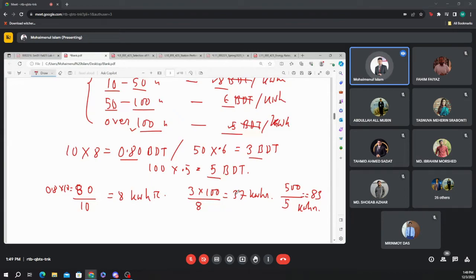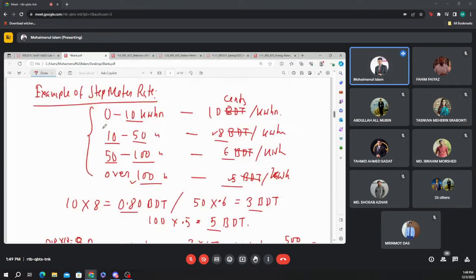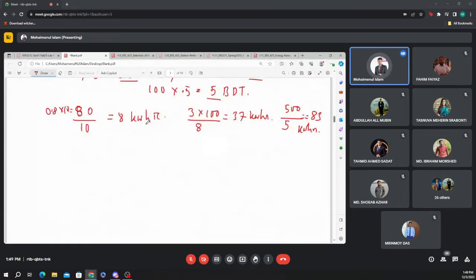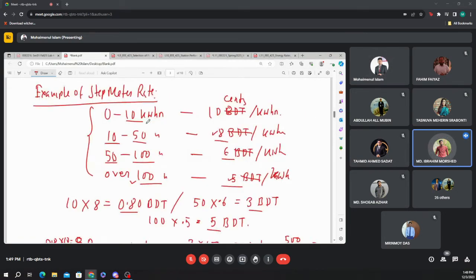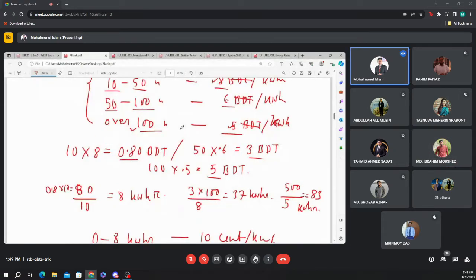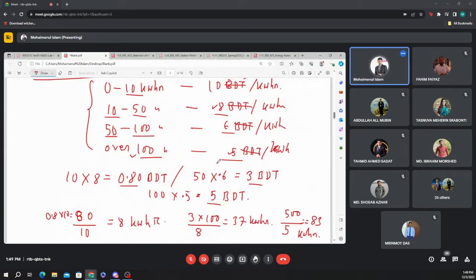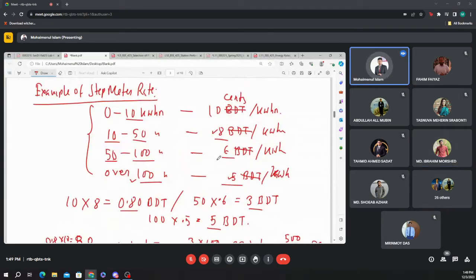So now we can design the overall pricing, or in between this price, there should be some multiple steps. So we can write like that. For 0 to 8 unit or kilowatt hour, the price is 10 cents per kilowatt hour. So the second bit, 3 into 100 by 6.